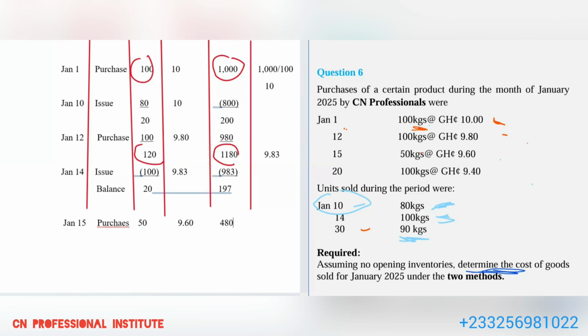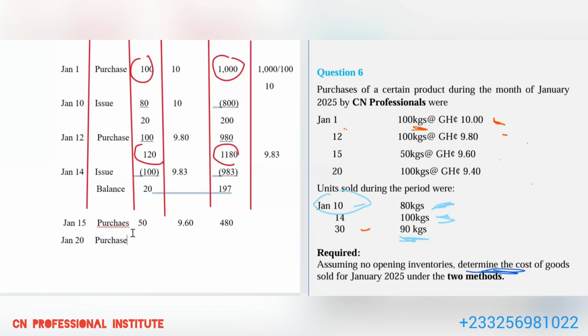Then we go to January 20, there was another purchase again. So I said we compute the issue price when we are about to issue, right? That's when we compute the issue price or the cost price per unit using the weighted average. So there's another purchase here.